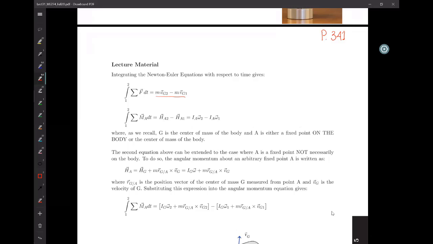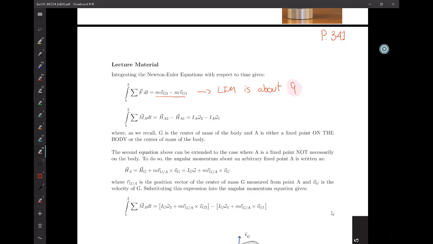I send the differential of time to the left and integrate, right? And if we do that, what do we get? We get the linear momentum equation. We did that for particles. We can do it for rigid bodies. Now, as I mentioned, the key is that we cannot take any velocity to calculate the linear impulse momentum. We need to use the velocity of the center of gravity. Okay?